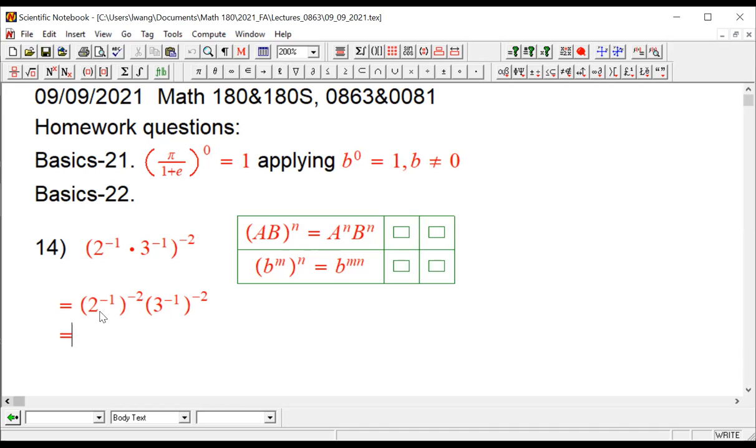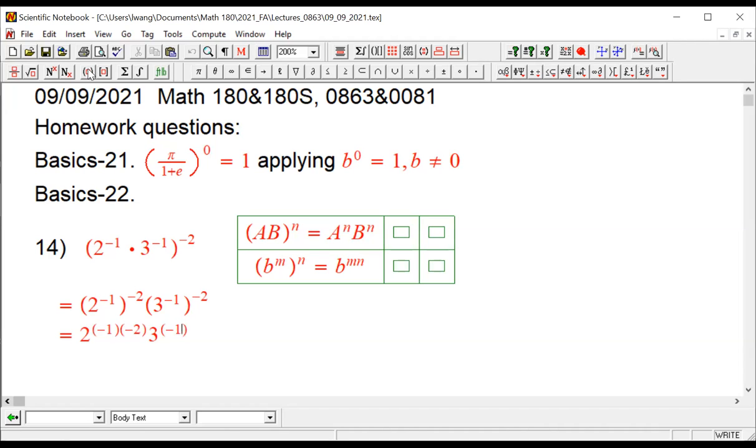And then for this one, the base is 2, right? And the power: one is inside and the other one is outside the parentheses. So we're going to multiply these two powers, which is -1 times -2. And the other one can be done similarly.